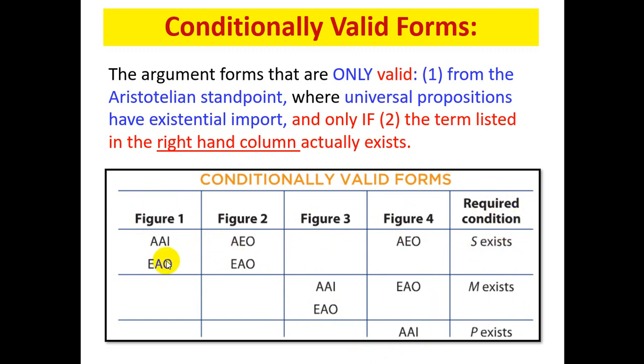For example, for these, the S should exist. For the second row, M exists. And for the third row, P exists. S means the subject, the subject must exist. Here the middle term must exist. Here the predicate must exist. So these are the conditionally valid forms, and these are nine ones.